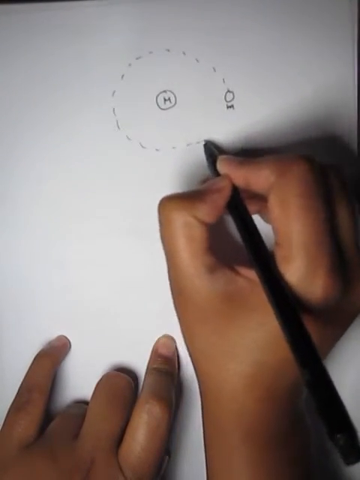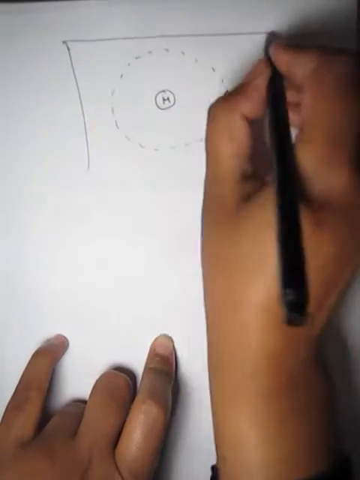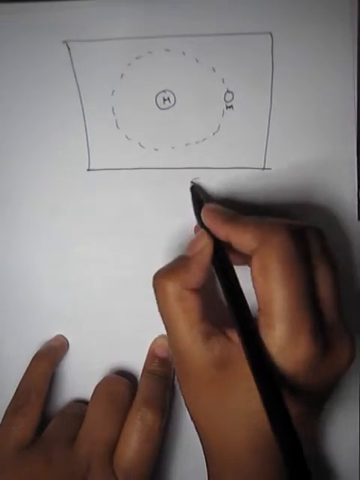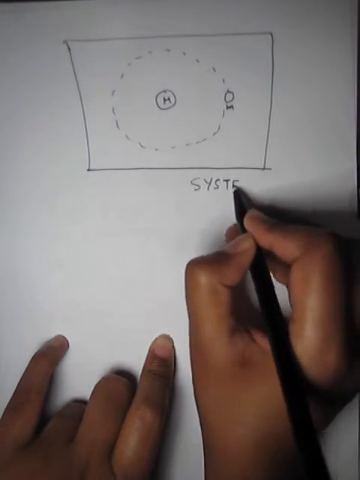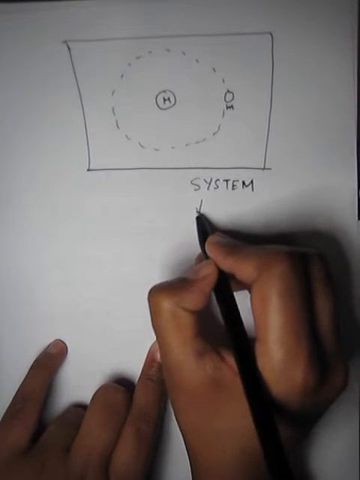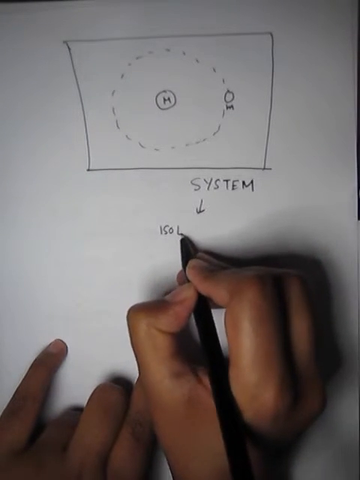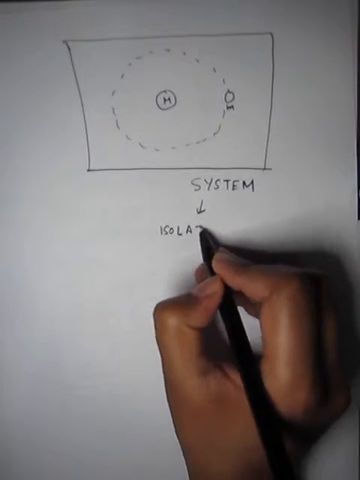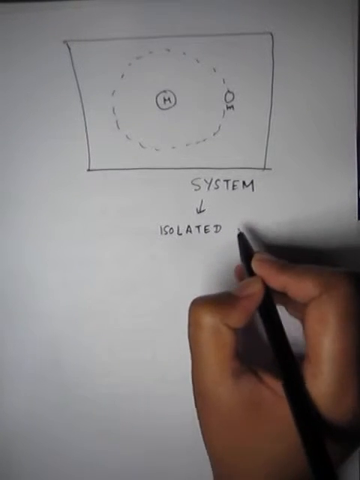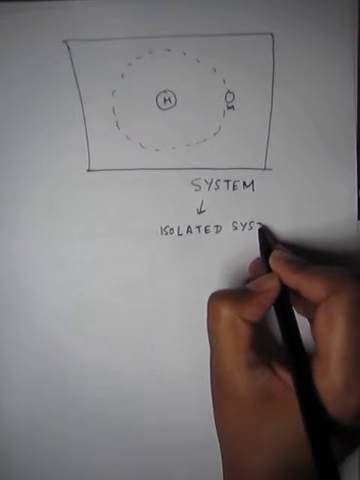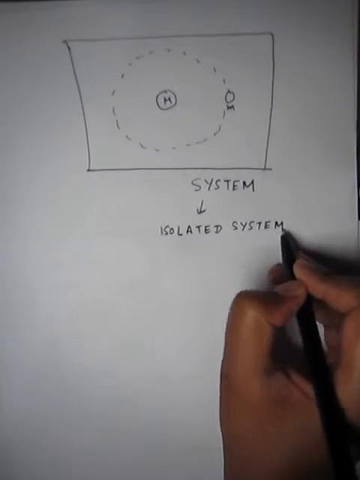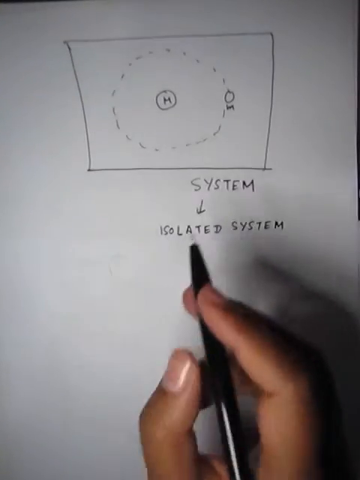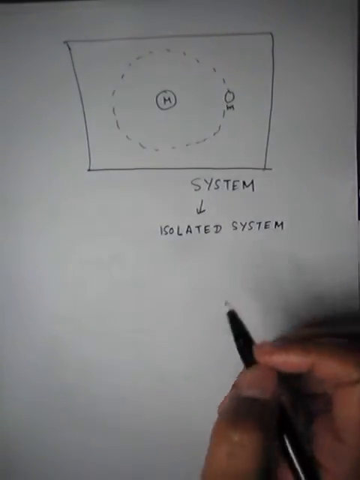So if it is moving in a circular path, it is an isolated system, so it means that whatever energy it has, it will always have the same energy.